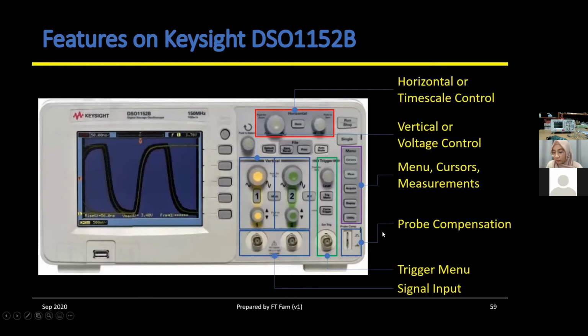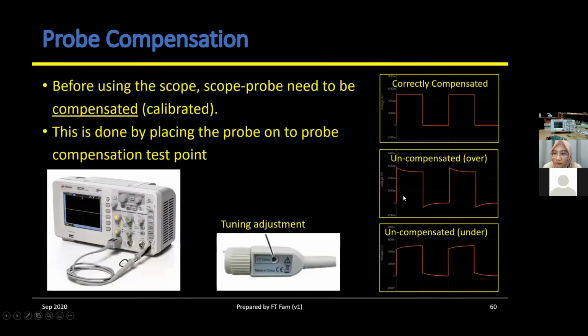Another thing that is important is the probe compensation. Every time you use your scope with a new probe or a different probe, you need to compensate or calibrate. If you don't calibrate, the value of the amplitude may not be correct. All right, so first of all is the compensation.